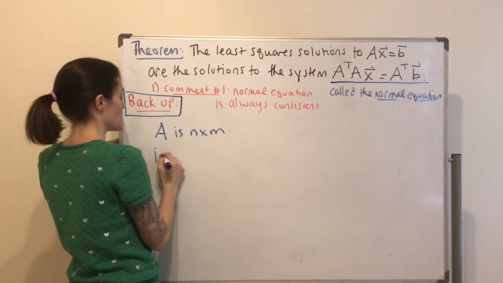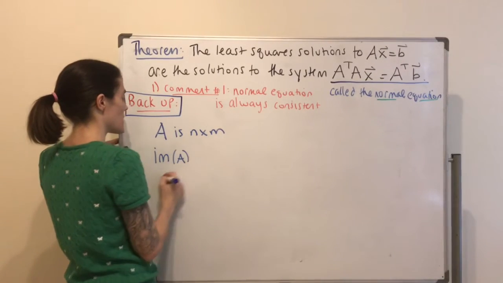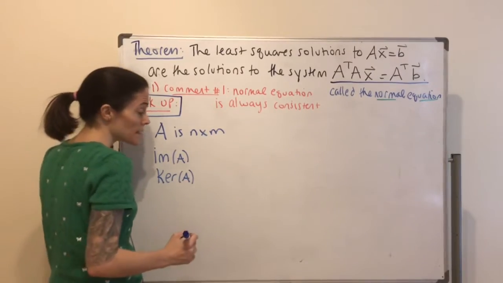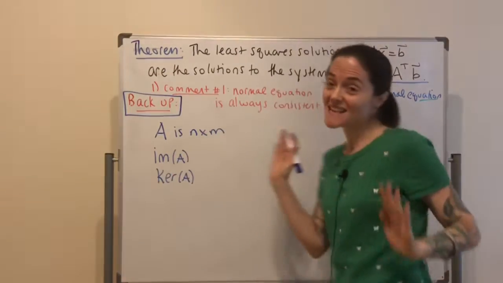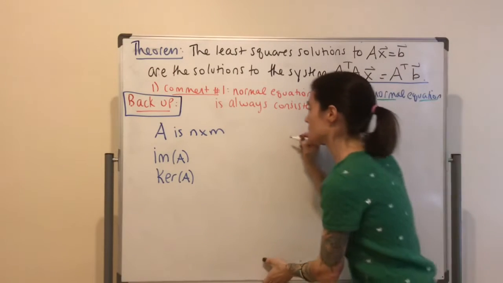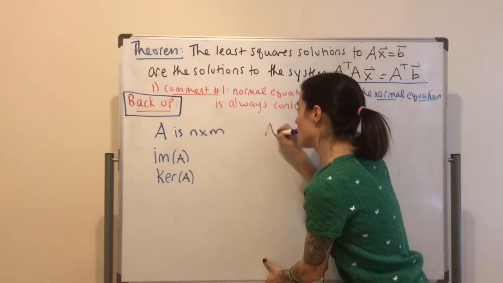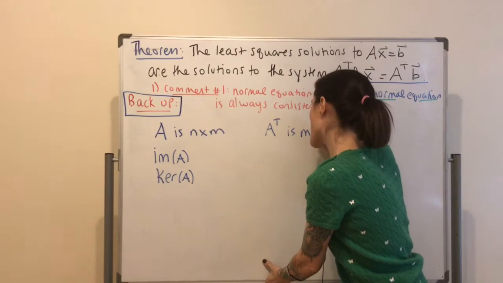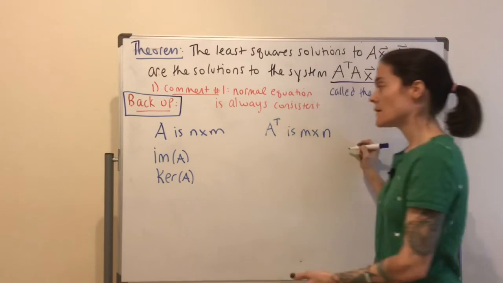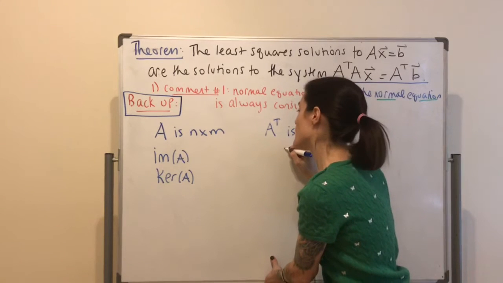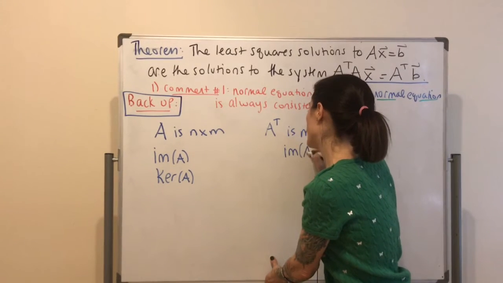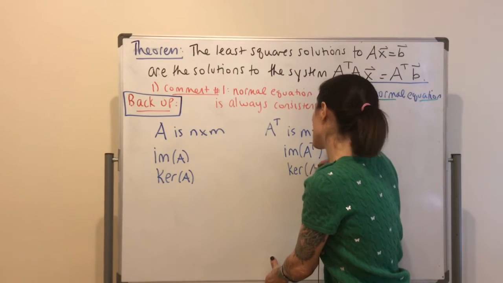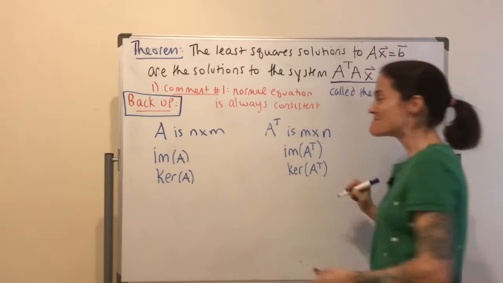We have these subspaces, the image of A. We have the kernel of A. And then we have just been discussing the transpose. This is going to be m by n, and it has its own image and its own kernel because it too is a matrix.